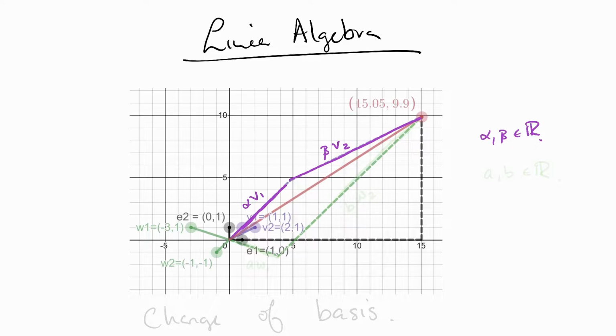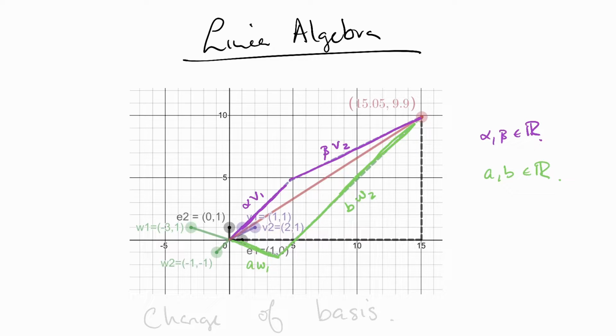Similarly, for W1 and W2, here we've got some scale of W1, so say it's A W1, and we've got some scaling of W2, so this is going to be B W2, where A and B are also real numbers.